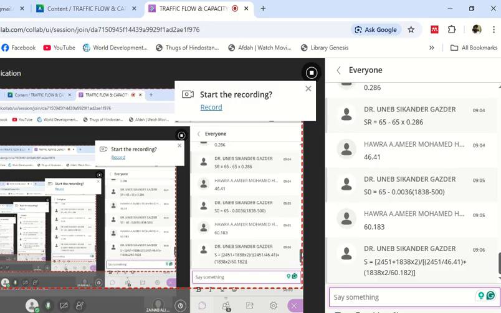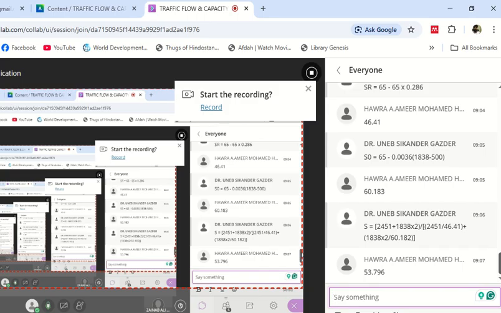Okay, so how much is this? Okay, so this is the speed of the whole section now.